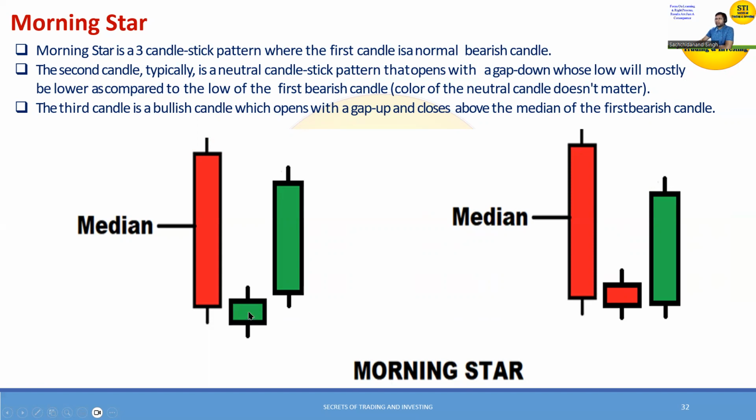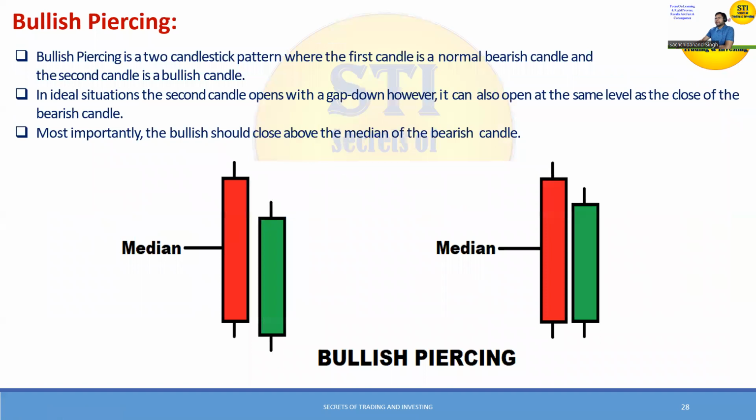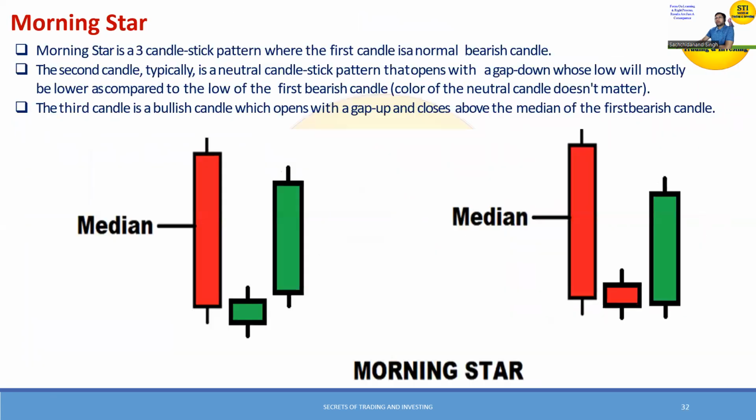The third candle should be a green candle, closing above the median of the first big red candle. It is kind of a bullish piercing, but with three candles, with a very small one in the middle.